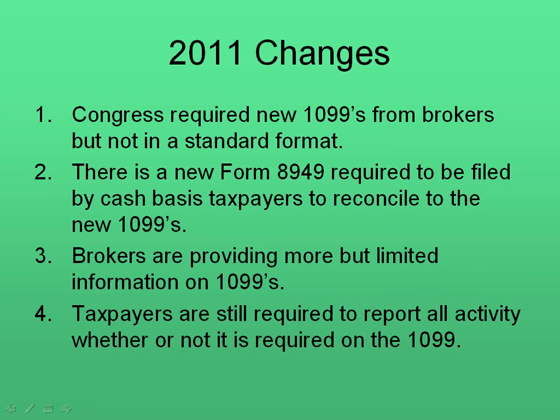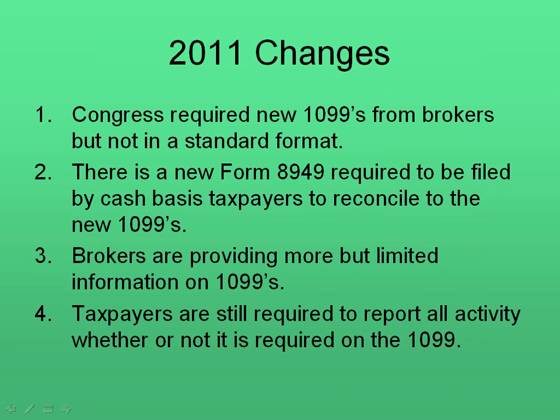Let's talk about some of the changes this year. Congress requires the new 1099s from brokers, but it's not in a standard format. That means that every broker can come up with their own interpretation of how to implement this. Again, that's going to create confusion not only for the taxpayer but for the IRS.